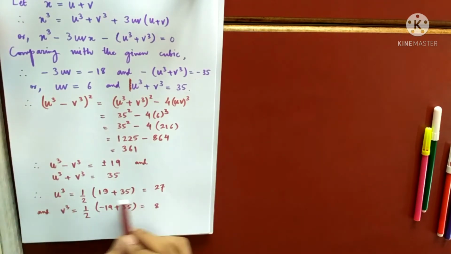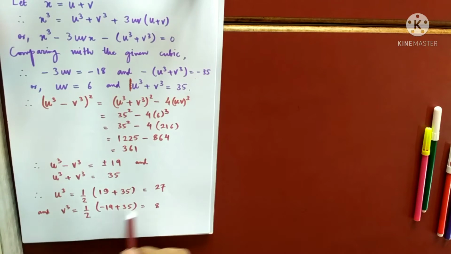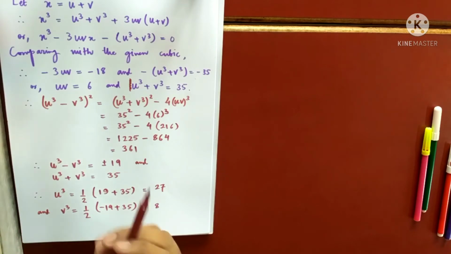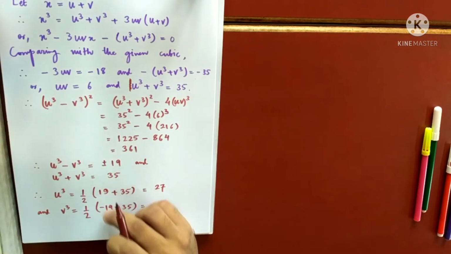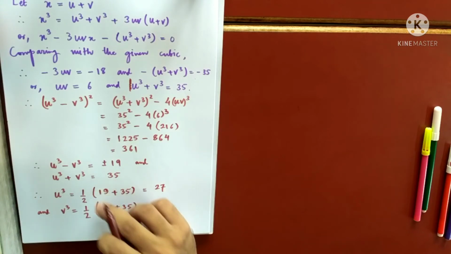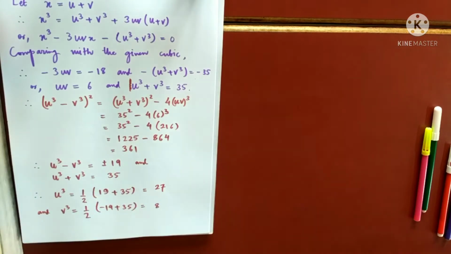Either u cube is this and v cube is this, or u cube is this and v cube is this. That is the reason we are taking only one. You can write even minus, you can write even plus, it doesn't matter. Got my point? So we will get both the values like this, 19 minus 19 or minus 19 plus 19. This is the reason we are taking this one, and there is no other reason. Okay.